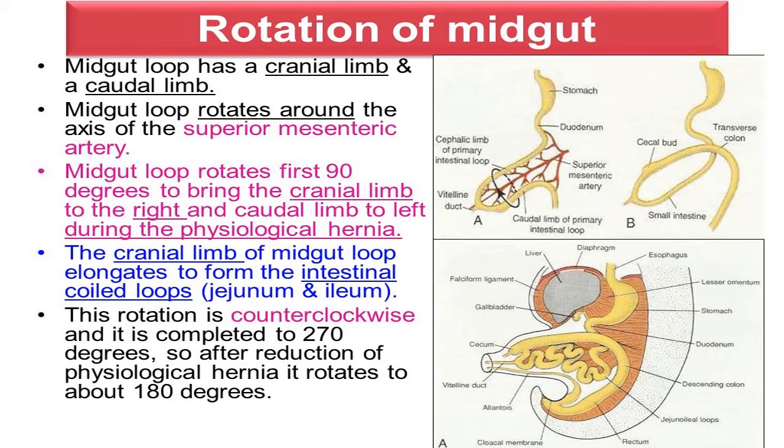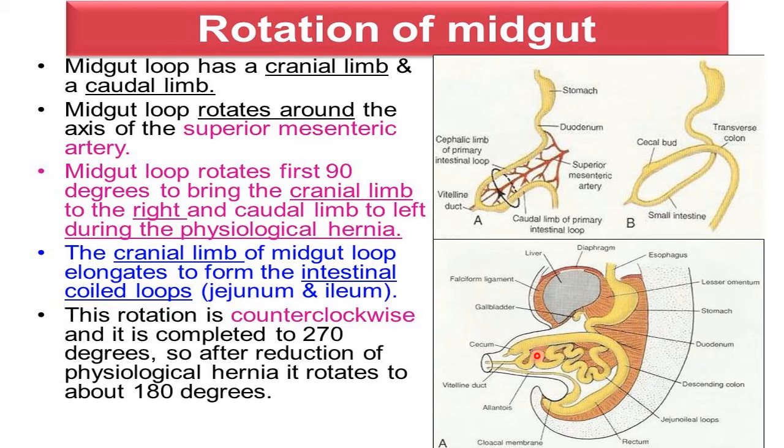So again here, in the rotation of the midgut loop, there is a cranial and caudal limb you can see, and this is the superior mesenteric artery. Whenever there is rotation, the caudal limb, which shows the cecal bud or the swelling, moves up, and the cranial limb moves down.